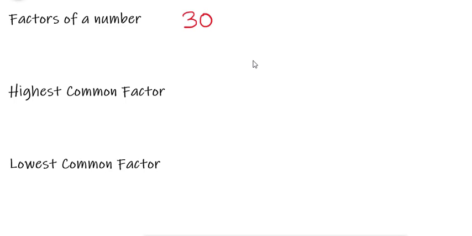For example, a number like 30. When we divide 30 by 2, it gives us 15, which is the same as 2 times 15. Remember, we're trying to come up with prime factors. I know that 2 is a prime number, but 15 is not, so I'm going to look for other numbers that I can divide 15 by.